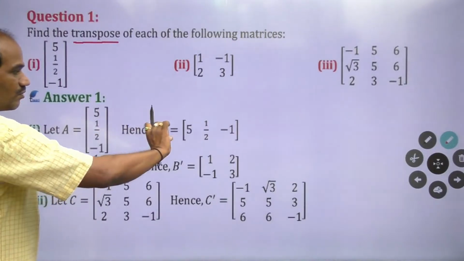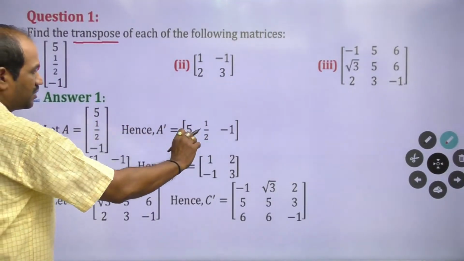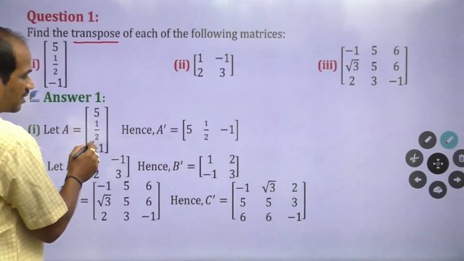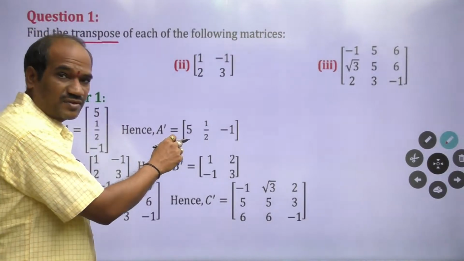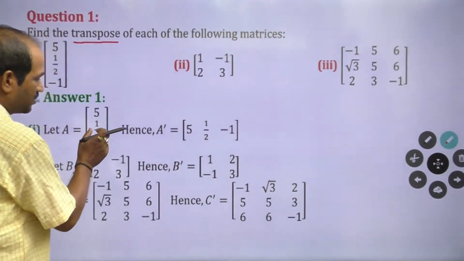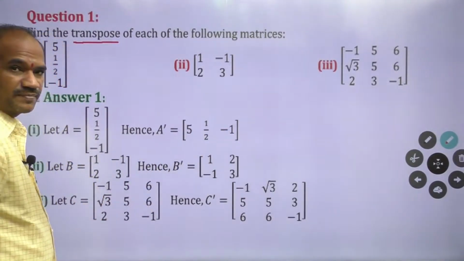Interchanging column by row, in this row we have 5, 1 by 2, minus 1. This is the column, and this is A dash.